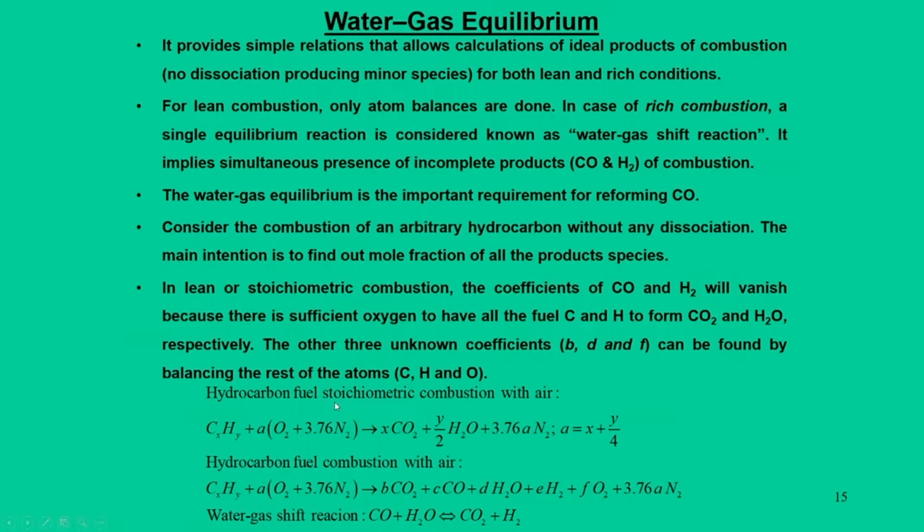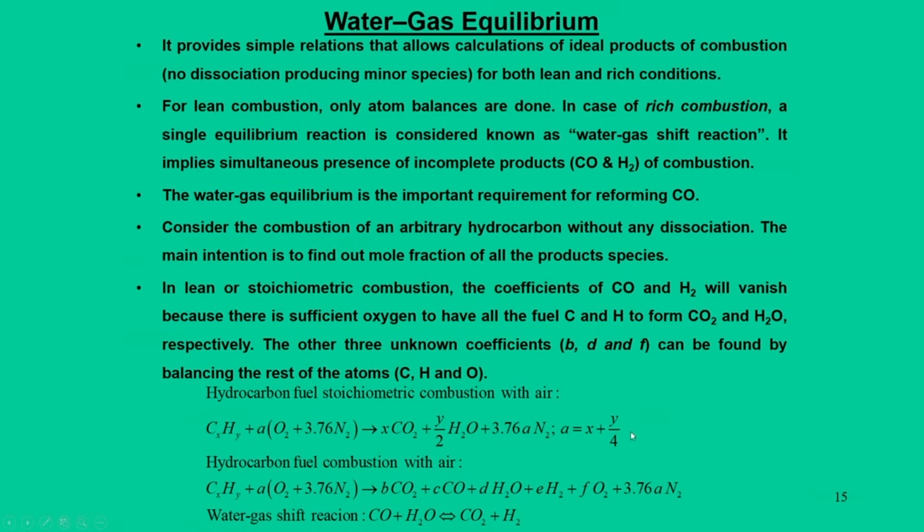If you look at any general hydrocarbon fuel stoichiometric combustion with air, we write CxHy, that is any fuel, plus a times (O2 plus 3.76 N2) gives x CO2 plus y by 2 H2O plus 3.76 a N2, where a is equal to x plus y by 4.